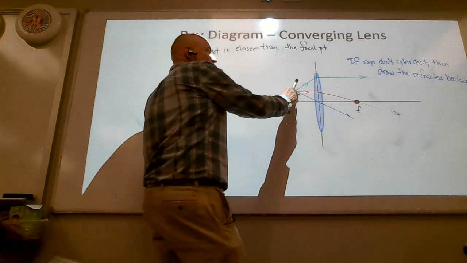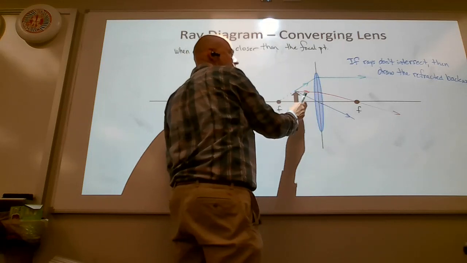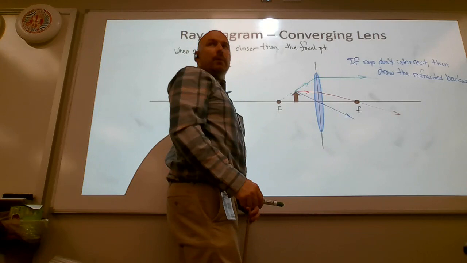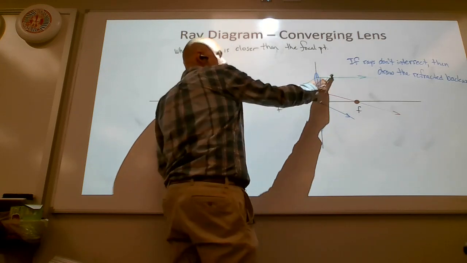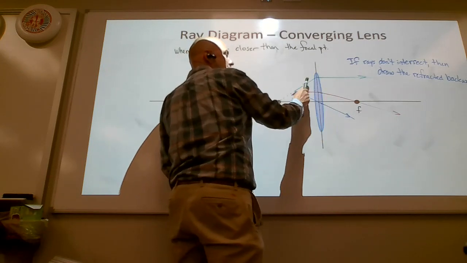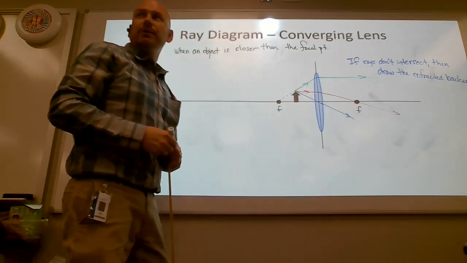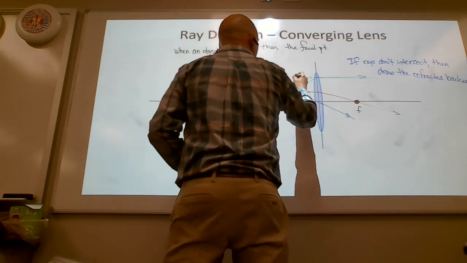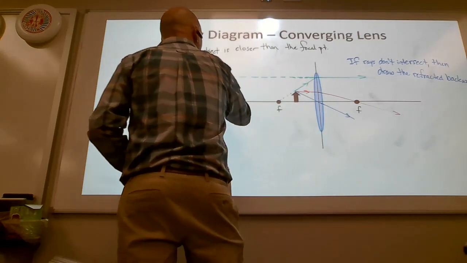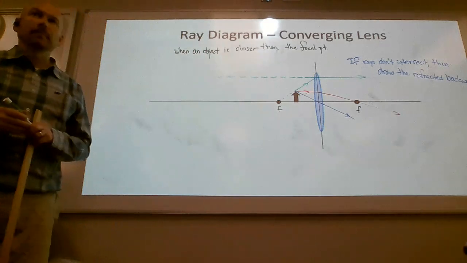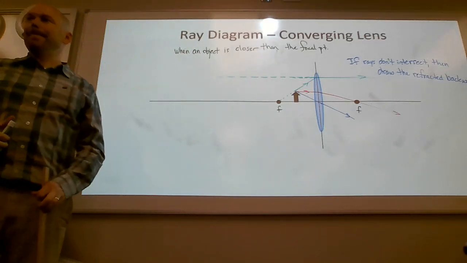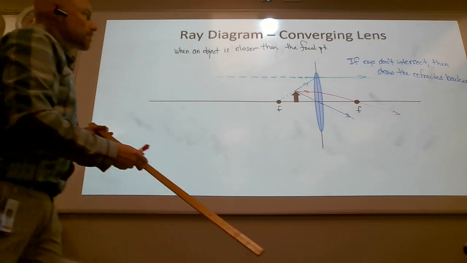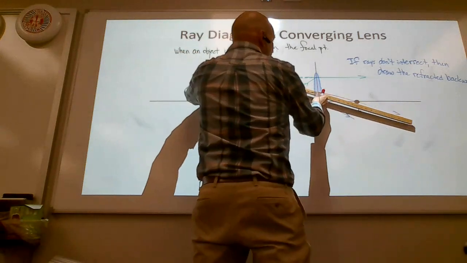So, of these two, A or B, which one is refracted? The refracted ray, A or B? B is the refracted ray. So we're going to extend the refracted ray backwards. Okay.